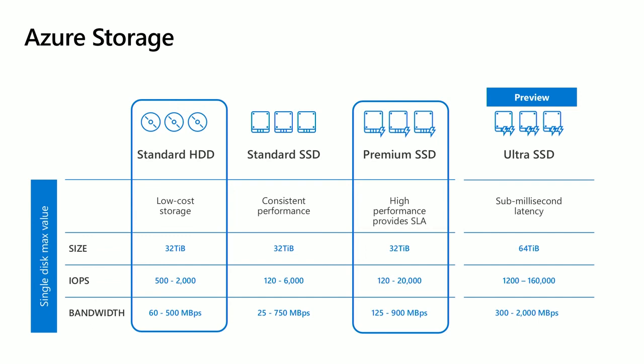From the lots of testing we did, we didn't find huge difference in performance. When you've got a disk that's about 128 gig, both are giving me 500 IOPS. SSD might give me a more consistent, but it's not a big difference. The one big difference to pick premium is the fact you get the SLA.